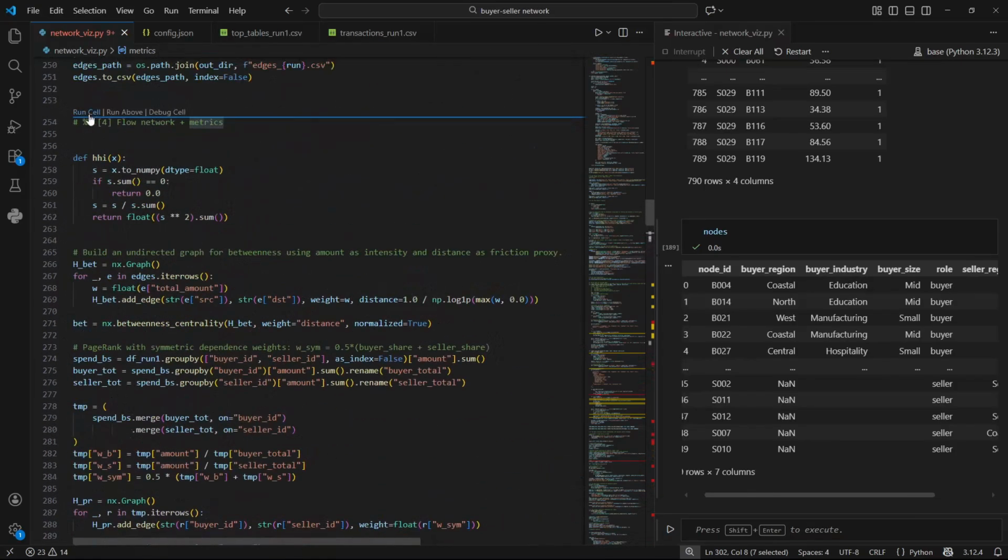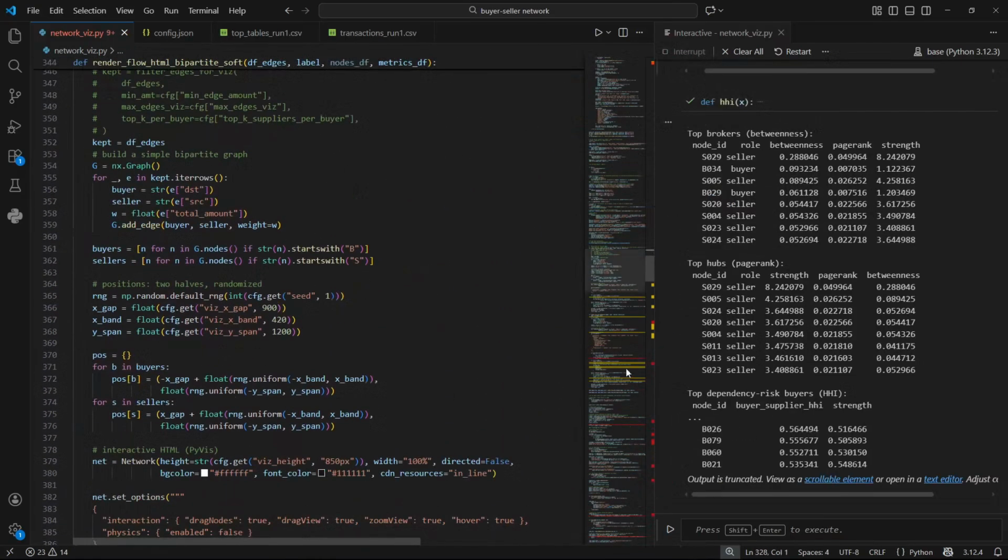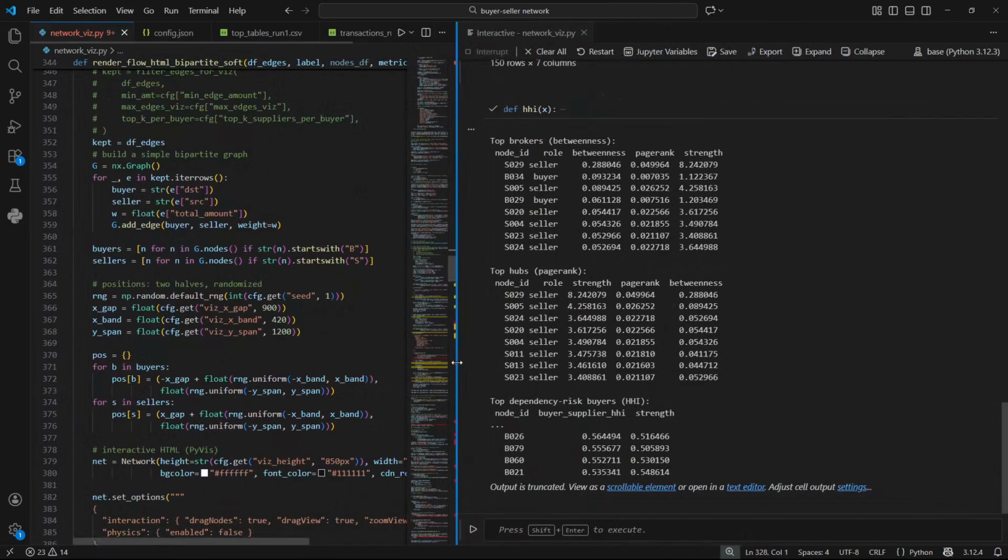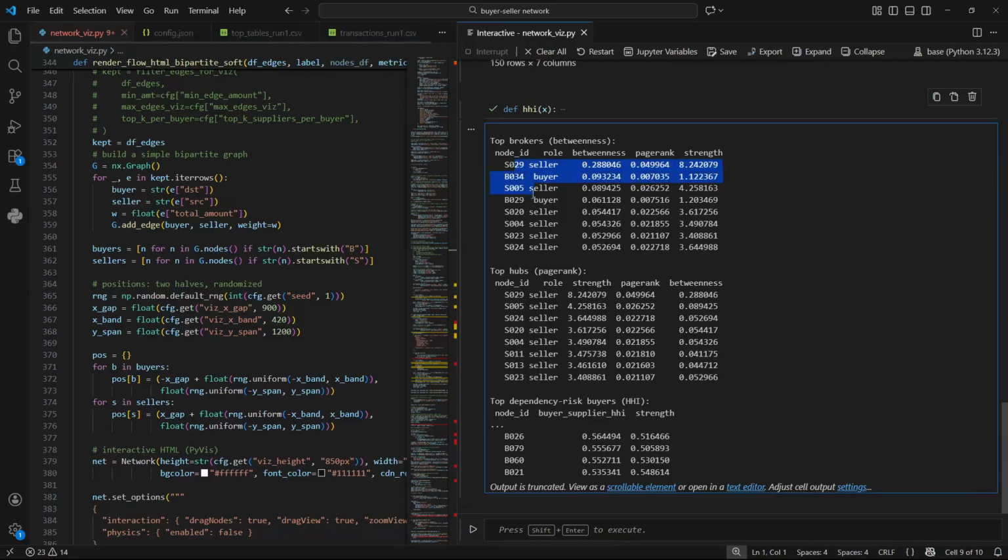So let me just calculate and see what we get. Okay, so that's what we get. We calculated, and what we see, interestingly, in this example, is that the top broker that had the highest betweenness is also the seller that is the top hub.